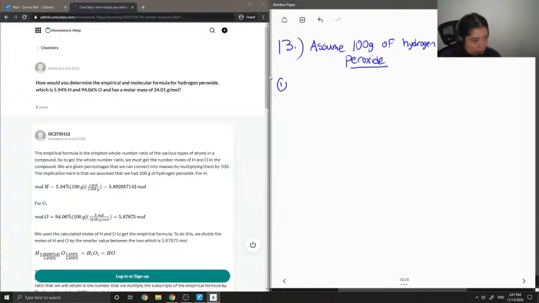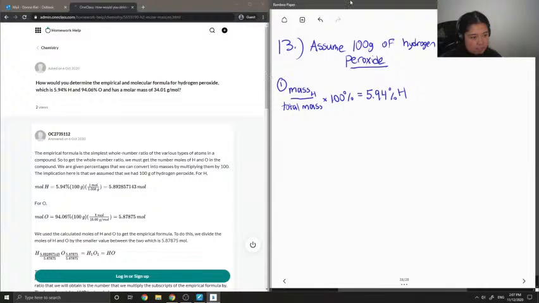So for example, step 1, let's say we had the mass of hydrogen over the total mass of hydrogen peroxide times 100%. The question told us that this should be equal to 5.94% hydrogen.